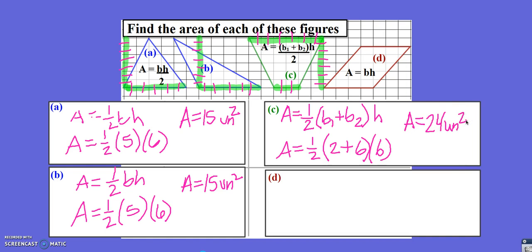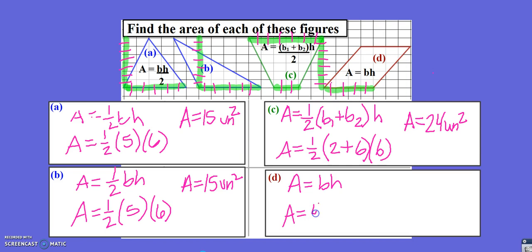Last shape we have is a parallelogram. The parallelogram area works just like the rectangle. So A is equal to base times height. Our A is equal to our B value. Make sure when you take this base, you're not extending past that side. We only want the segment that is contained by the parallelogram itself. 1, 2, 3, 4.